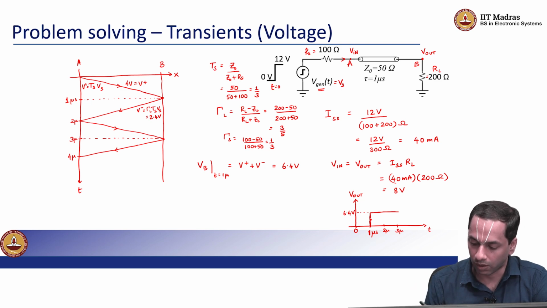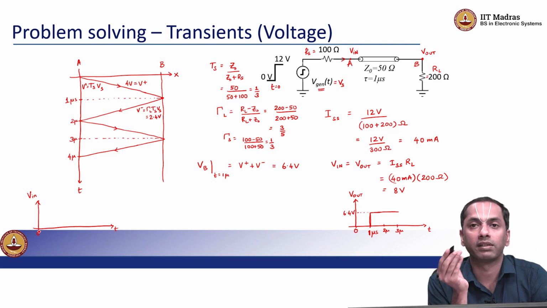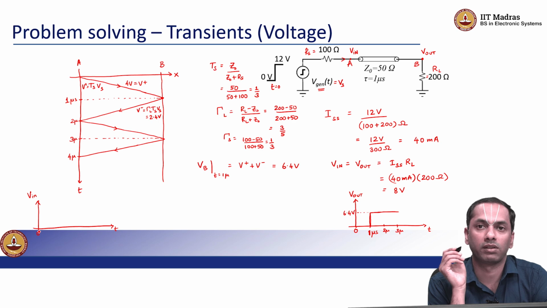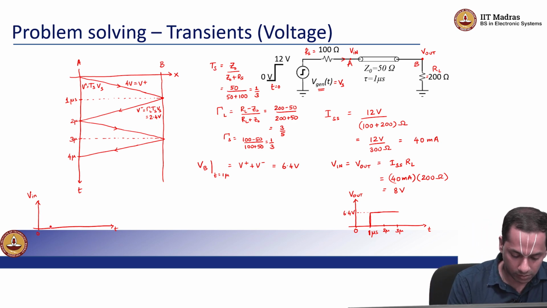Similarly, if we were to plot V in as a function of time. Remember, V in is at the source location. So, as soon as the generator turned on to 12 volts, the V in will immediately see the impact of that. But remember that not all of the 12 volts shows up at V in. It is Ts times Vs, so we only see 4 volts. So, this is 1 micro and then we have 2 micro.